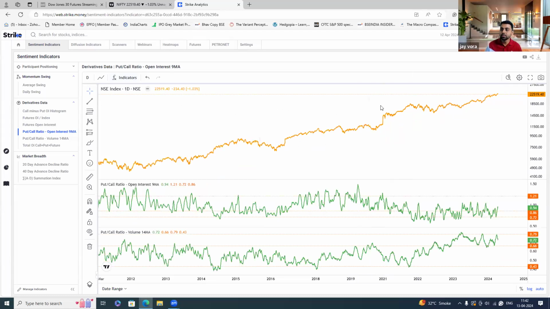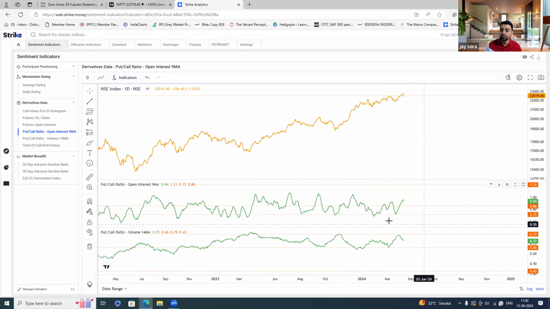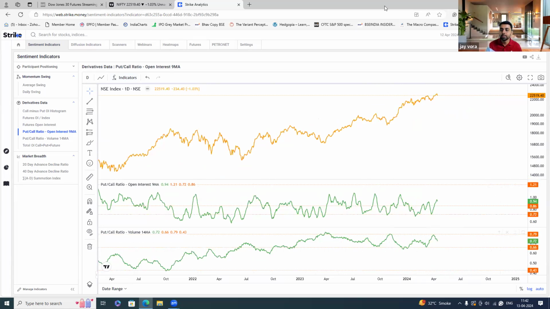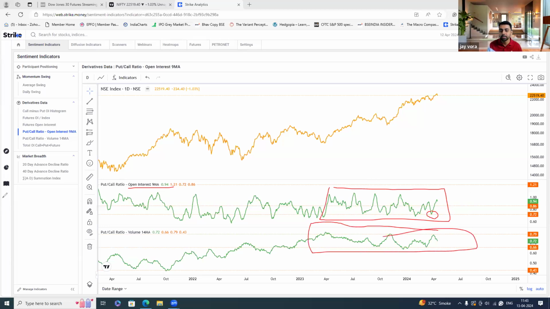In OI PCR, you look at it from the open interest point of view; in volume PCR, you look at it from the volume perspective. When OI PCR is at its lowest point, there is a lot of call writing happening. You imagine this from a call writer's perspective, and volume PCR from an option buyer's perspective.